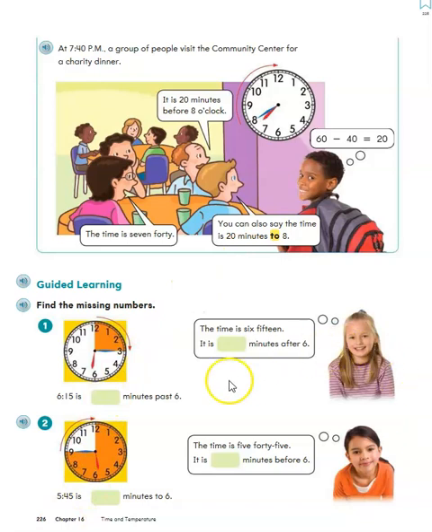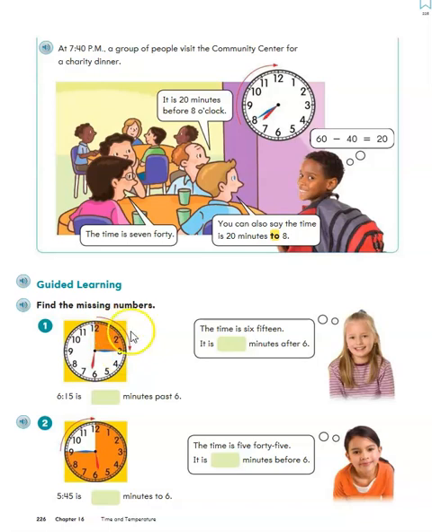Okay, down below it says number 1, we're supposed to find the missing numbers. The time is 6:15. It is blank minutes after 6. We can see on our analog clock, it's showing us the hour hand is right after the 6, still in between the 6 and the 7. So we know that the hour is 6. And then our minute hand is pointing at the 3, which we know is 5, 10, 15.